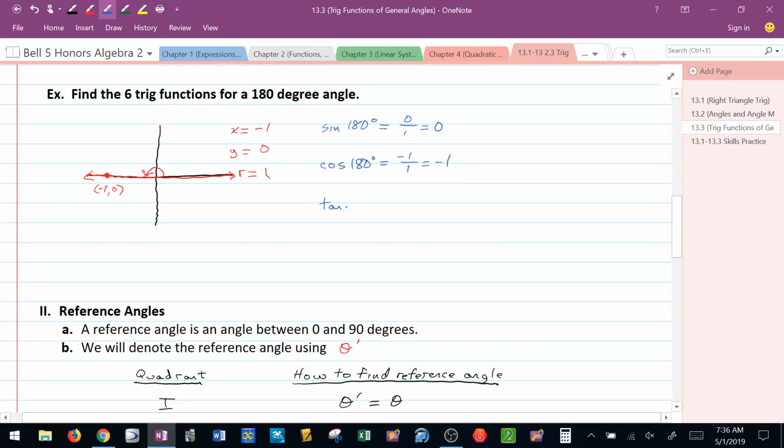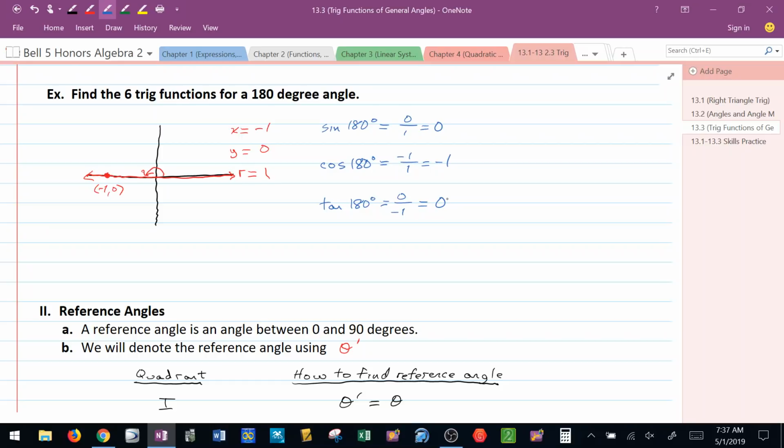And the tangent of 180 degrees would be opposite over adjacent, or 0 over negative 1, which would be 0. And if you don't believe me, test it on your calculator. If you take the sine of 180, the cosine of 180, or the tangent of 180, these are the answers that you're going to get.